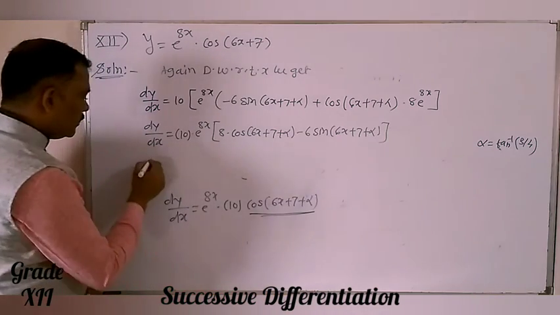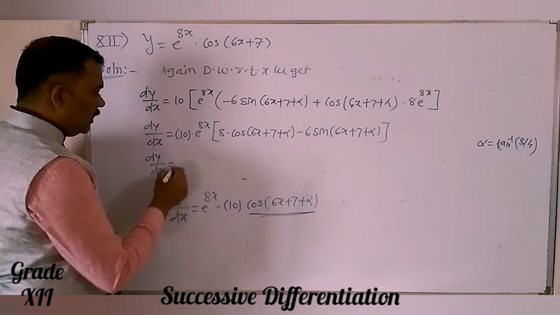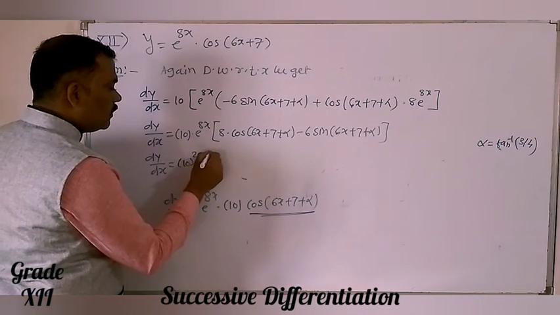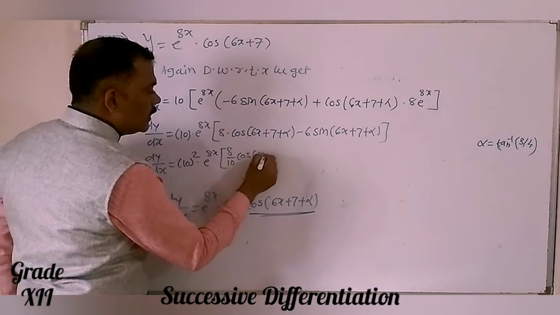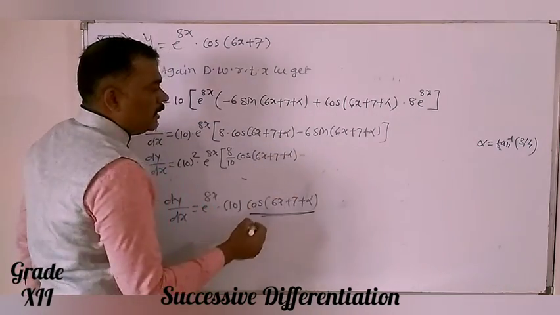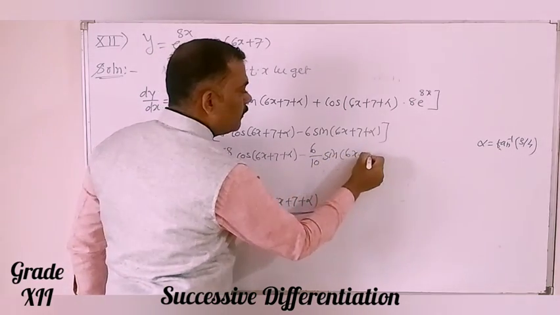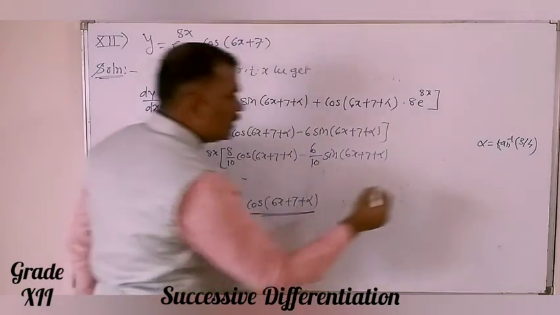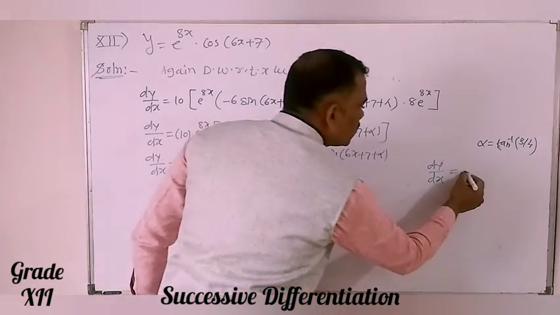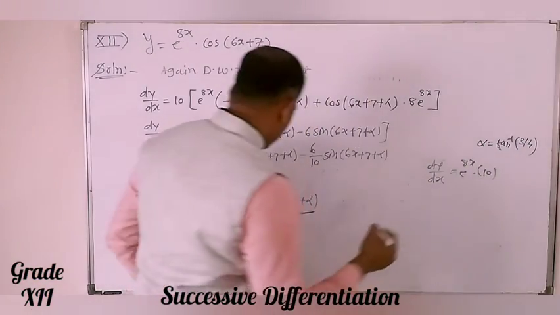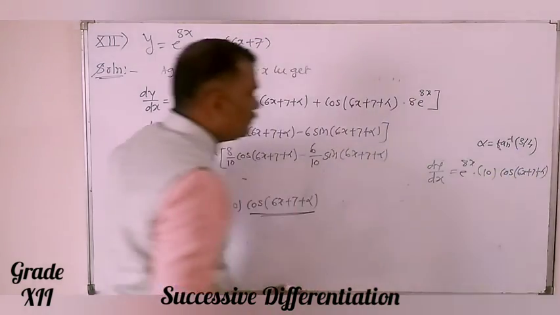Again here we have to rearrange the terms, that is the 10: we get 10 square into e raised to 8x into 8 divided by 10 into cos of 6x plus 7 plus alpha minus 6 divided by 10 sine of 6x plus 7 plus alpha. I will require this dy by dx, so I will write here dy by dx is equal to e raised to 8x into 10 into cos of 6x plus 7 plus alpha.